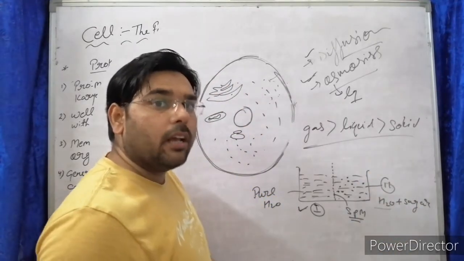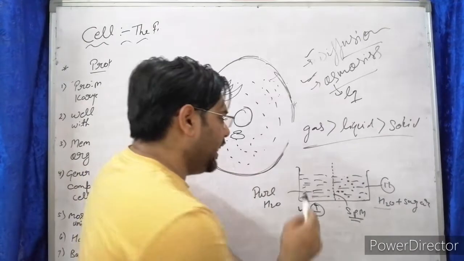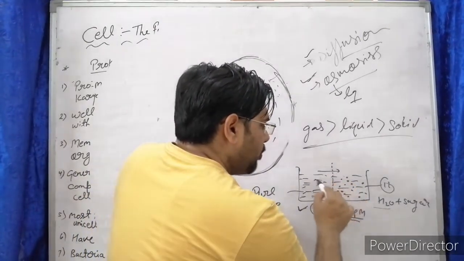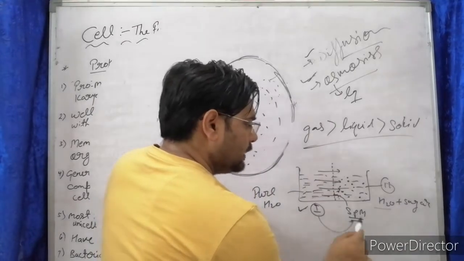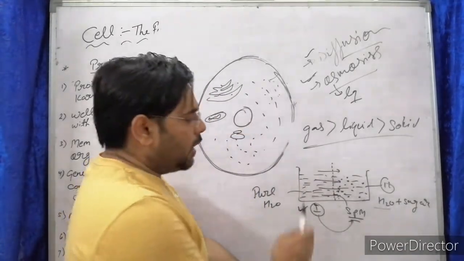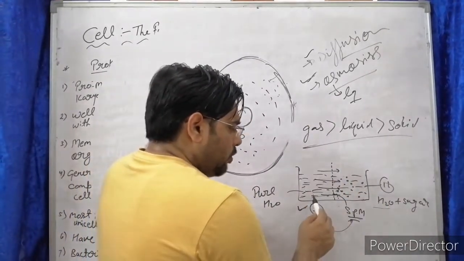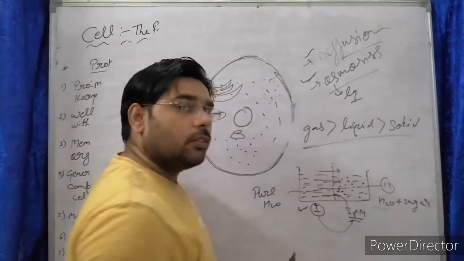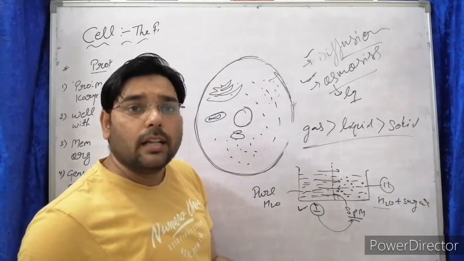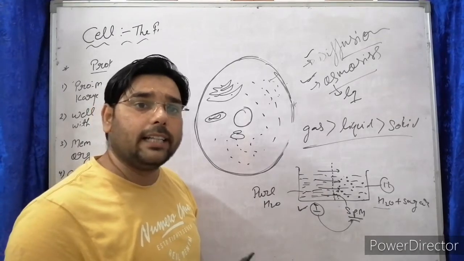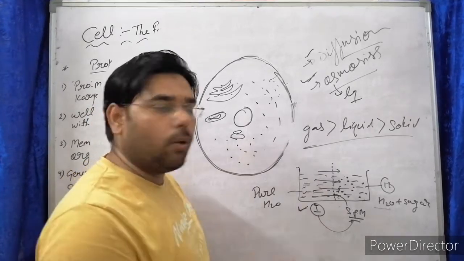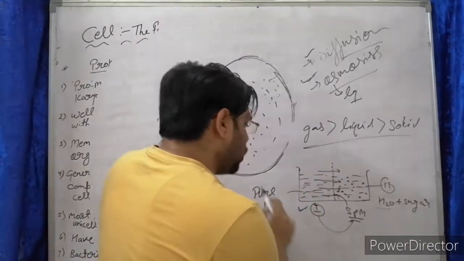So according to the concentration gradient, water will move from left to right, from 1 to 2nd. And this movement will occur till equilibrium is attained. So this is called osmosis.